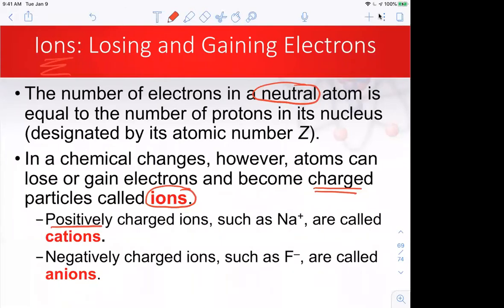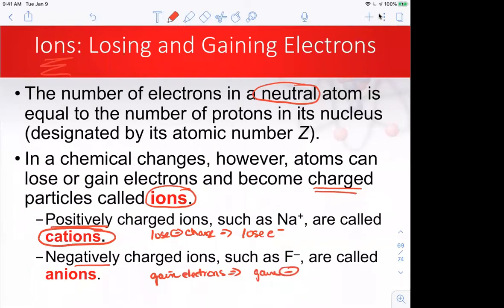If my resulting ion is positively charged, which means I lose negative charge, which means I lose electrons, I become a positively charged cation. To form a negatively charged anion, I gain electrons. I'm going to gain negative charge, right? Those negatively charged particles are called anions.